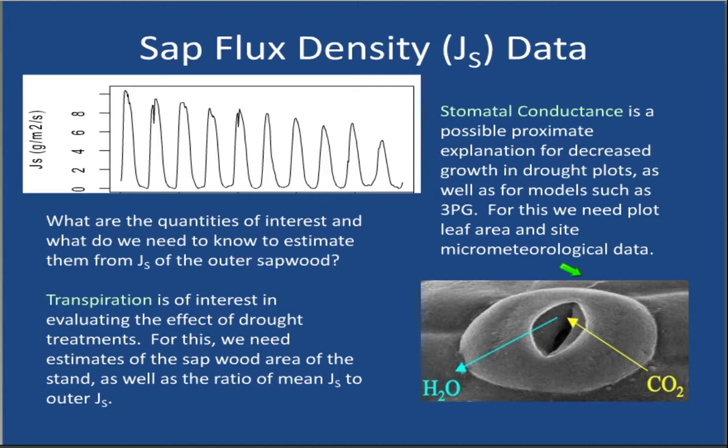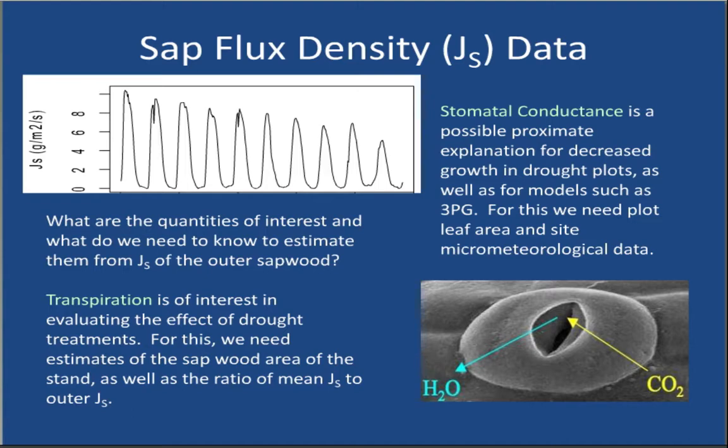What are the ultimate quantities of interest to us, and how do we get from our data to those quantities? One thing we would like to know is the total transpiration of each plot. This is because we expect this to be the most obvious response to reducing the amount of water going into the plots.